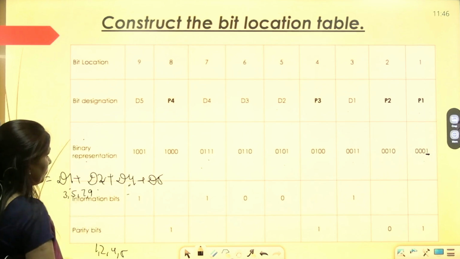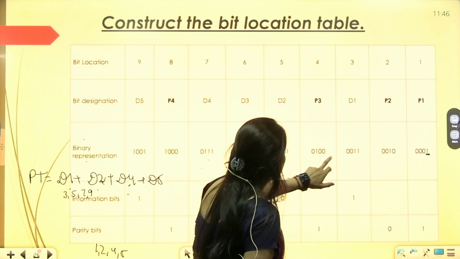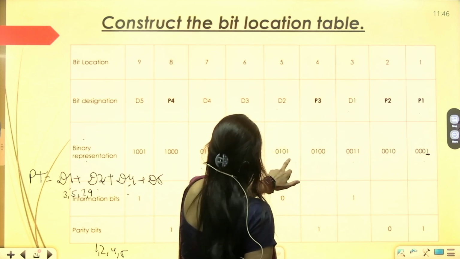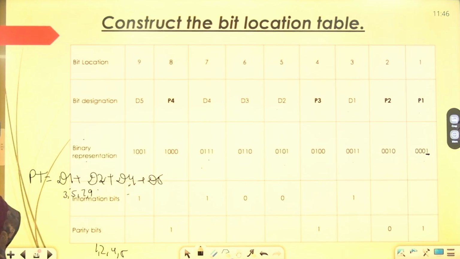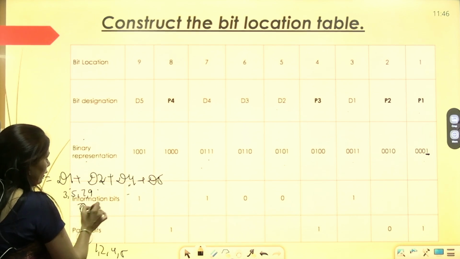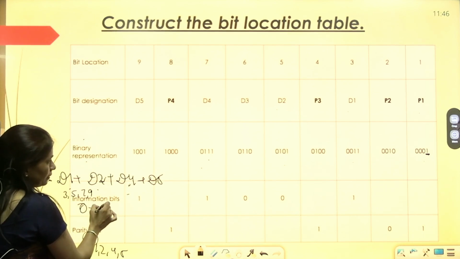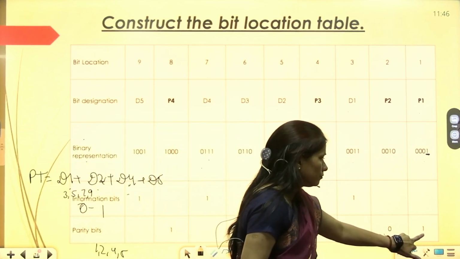Check the number of ones in this: 1, 2, 3, 4. If the number of ones is even, add 0, and if the number of ones is odd, add 1. The number of ones is odd, so the parity bit is 1.